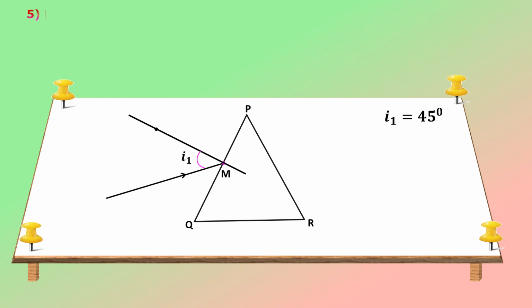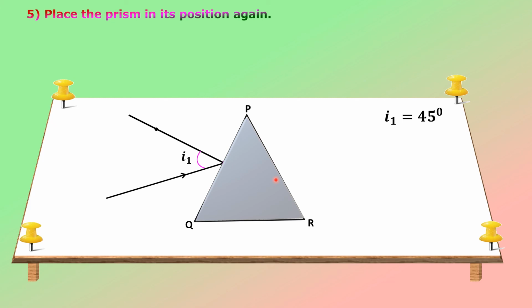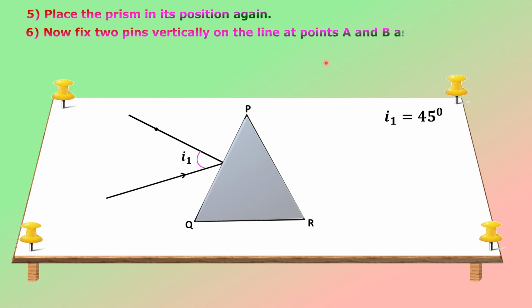Now place the prism in its position back. Next, I will fix two pins here at the same points A and B. Now fix two pins vertically on the line, that is on the incident ray, at the points A and B as shown here.